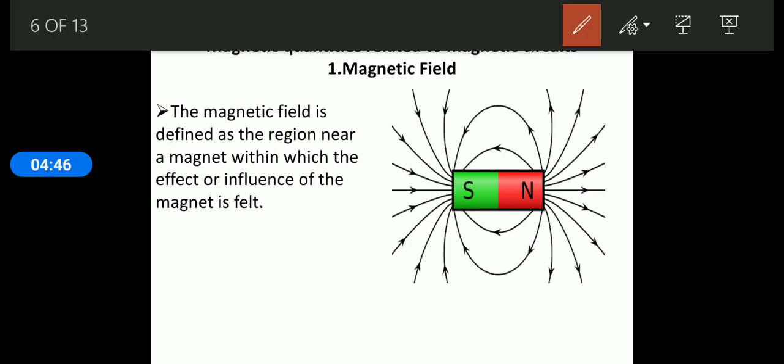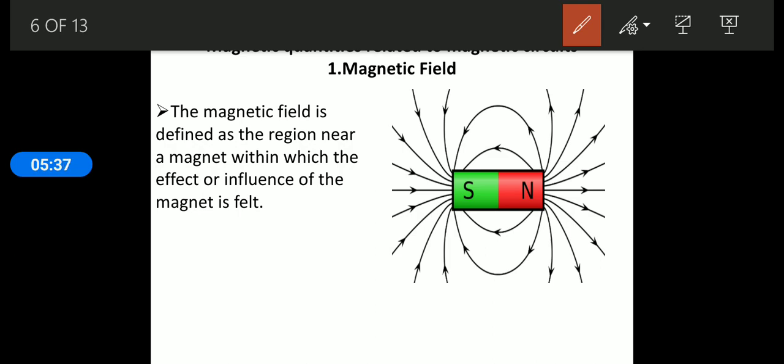That is, this is the magnet, and there is the region near the magnet within which the influence of the magnet is felt, called the field. The presence of a magnetic field can be tested by using a simple compass needle or by using another magnet. That is the magnetic field.